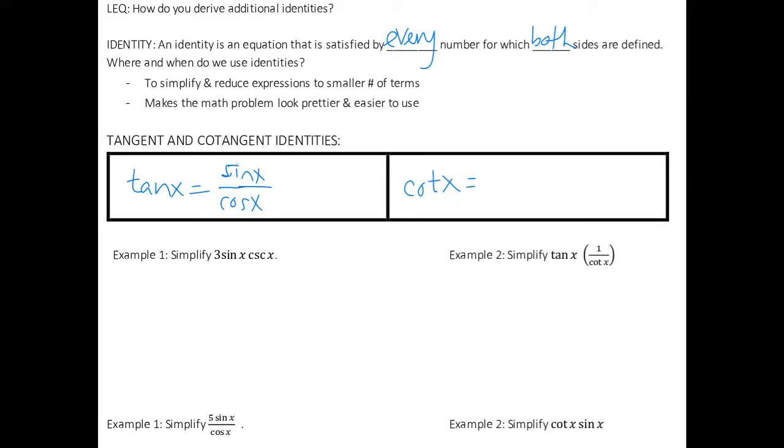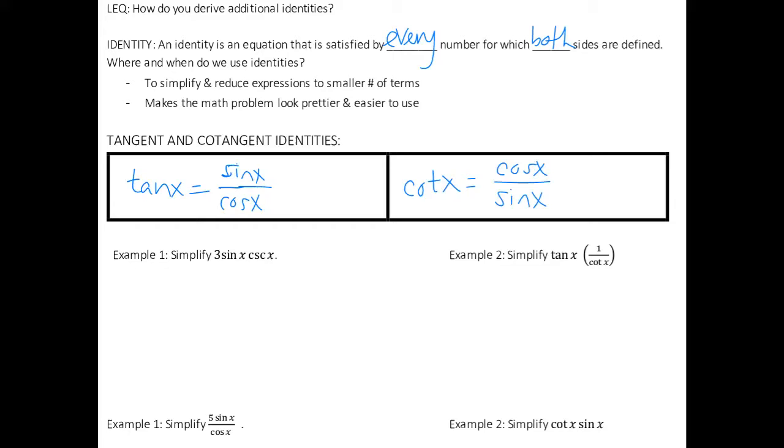And because tangent and cotangent are reciprocals, cotangent is the fraction cosine of x over sine of x. So when we're working through a problem, if we see sine of x over cosine of x, we can replace that with a simple tangent. Instead of working with a fraction, we just have that one trig ratio.